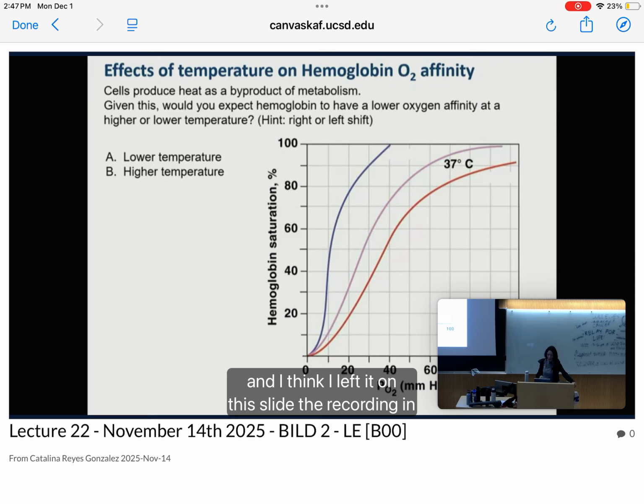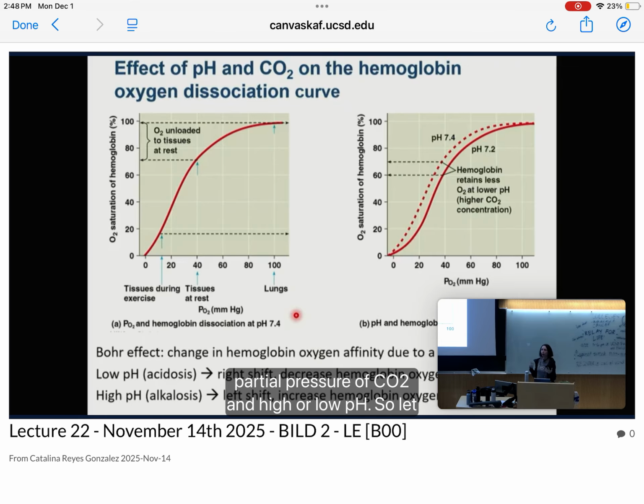I left the recording on this slide, and remember there were 2 recordings, one for blood pressure regulation and then the one that I started with gas exchange. I ended up asking you about the effects of certain conditions like high or low partial pressure of CO2 and high or low pH.